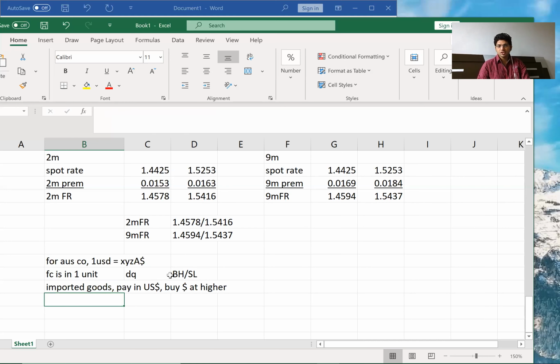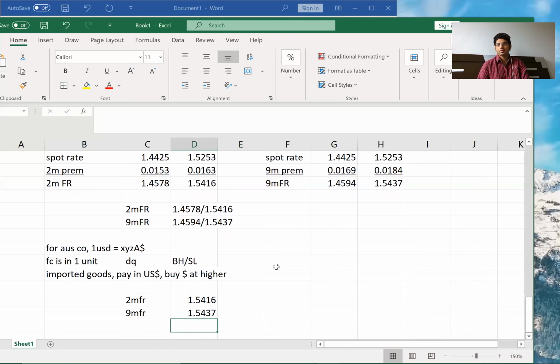So out of this two-way quote, I am going to take the higher rate. The 2-month forward rate is 1.5416 and the 9-month forward rate is 1.5437.